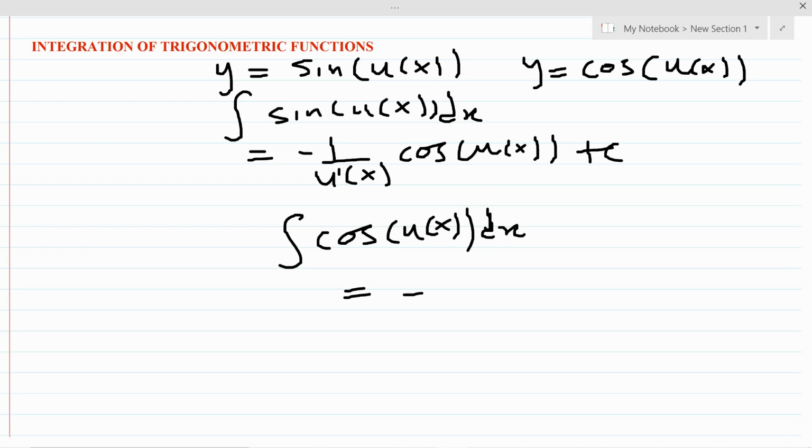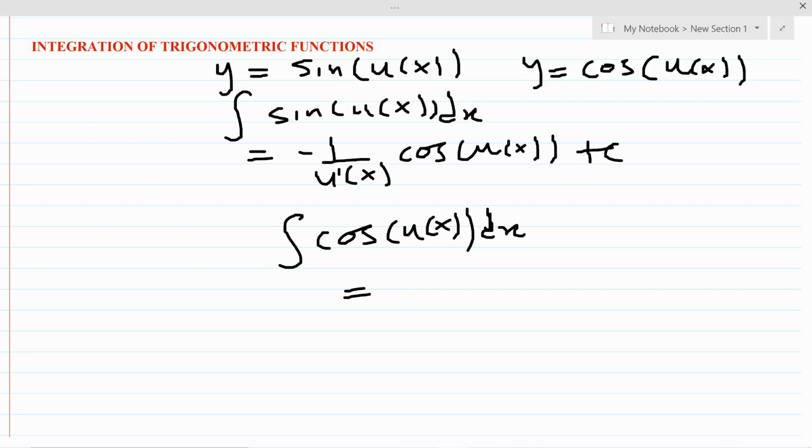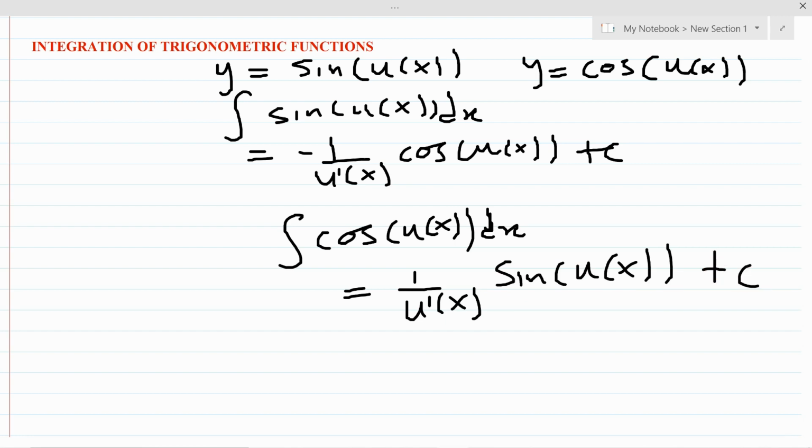It's just 1 over u prime of x, sine of u of x, plus c. Alright, so these two are what we need.